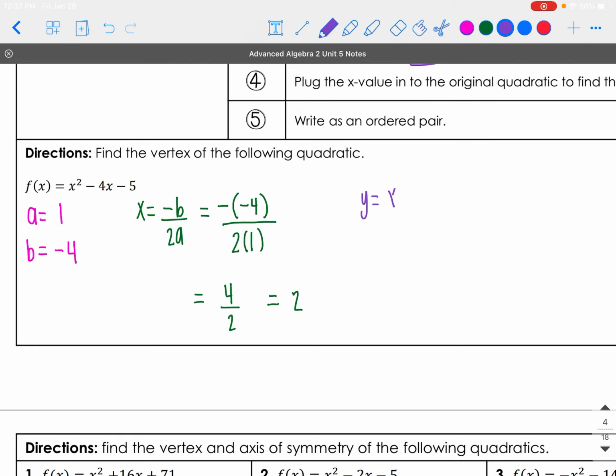In order to find the y value, I have to go back to my original equation and plug in the x. So 2 squared minus 4 times 2 minus 5. You can just plug that in your calculator to get negative 9. So the vertex is the point 2, negative 9.